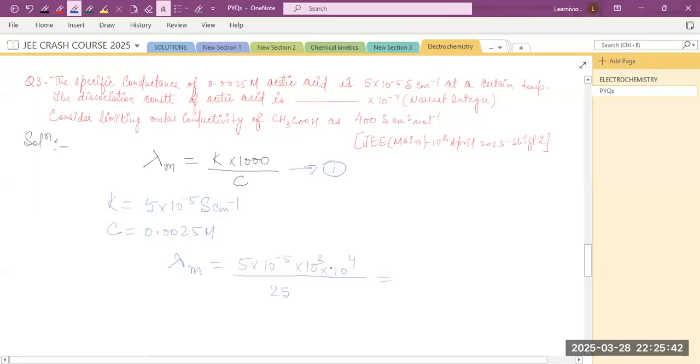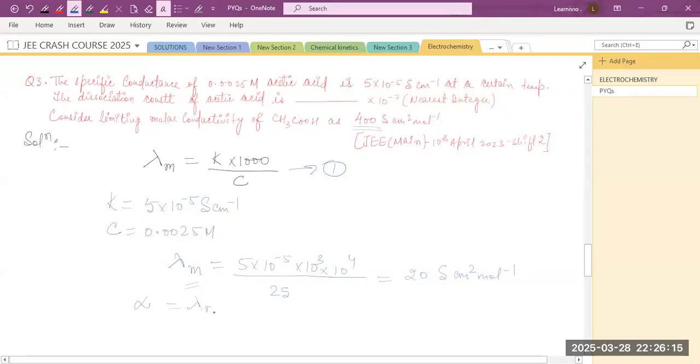Now calculate it. When you calculate it, you will get 20 centimeter square per mole. So you get the value of molar conductivity. And your limiting molar conductivity is also given, which is 400 Siemens centimeter square per mole. Okay, so first calculate the degree of dissociation, the alpha value.